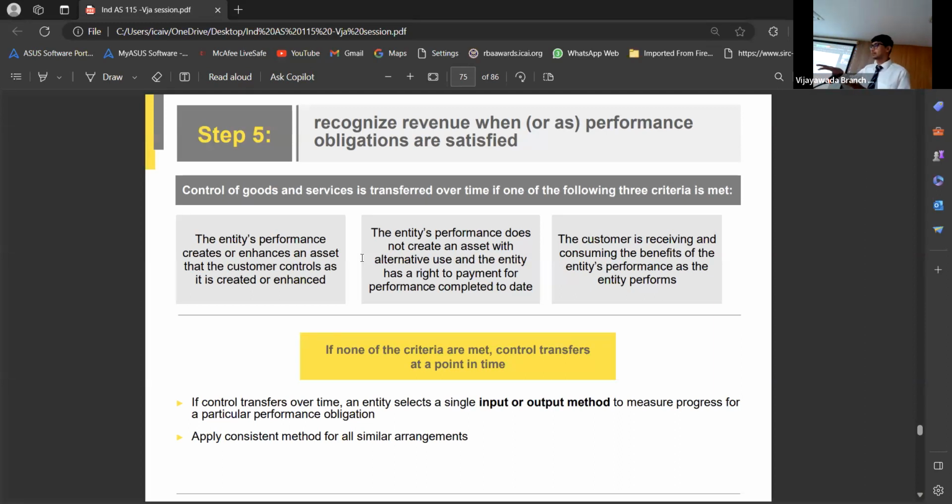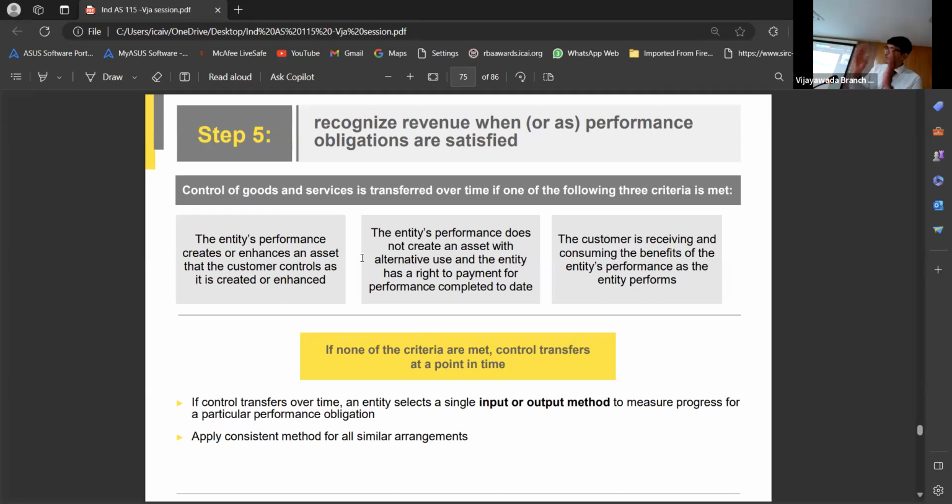There is also a series of activities. Legal work requires a lot of research, right? It's not a product like an apple which you can simply give. You have to understand, assess, analyze and do a lot of things. So the law firm's performance does not create any alternative use as an asset for any other person. It is only useful for that particular company in that situation, in that time frame.